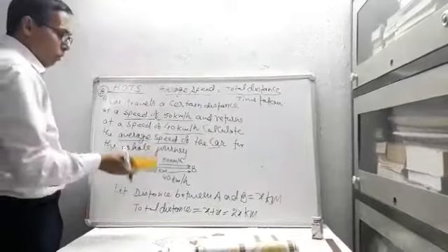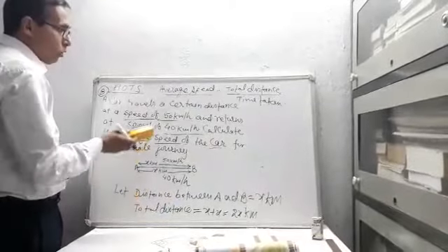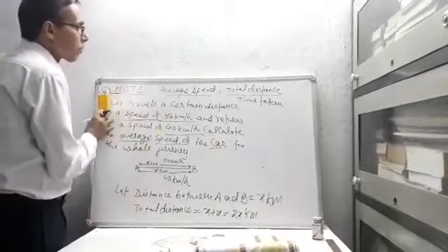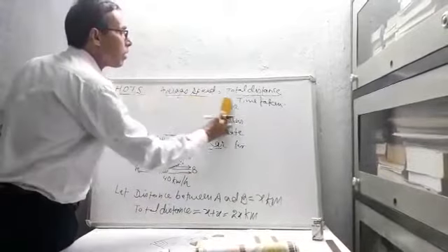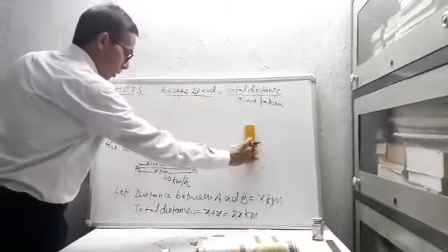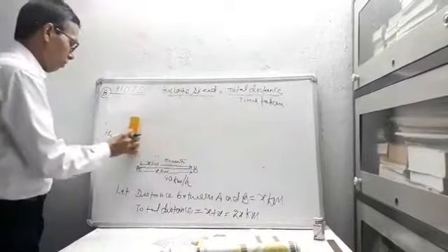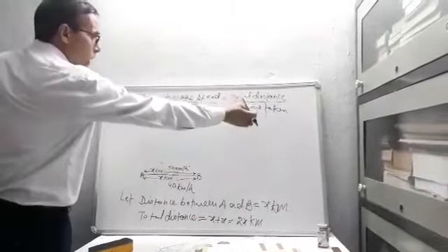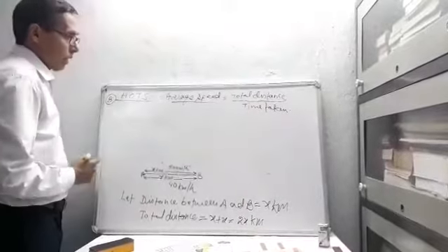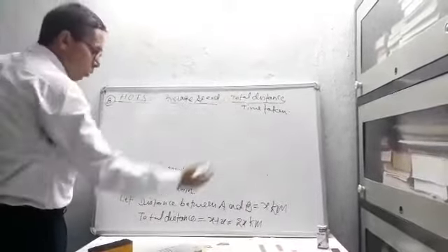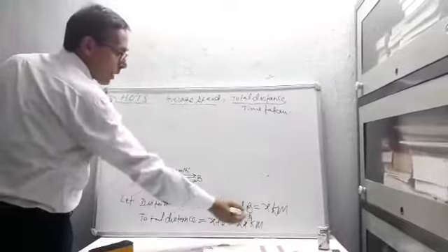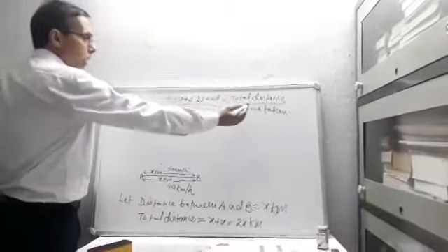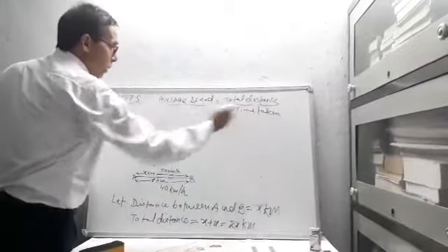Now how do you solve? All of you know the formula: average speed is equal to total distance by total time taken. Total distance we have found out, 2x kilometer. Now we have to find the total time taken.